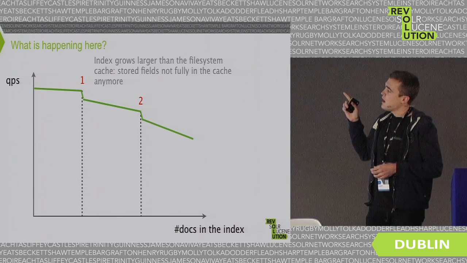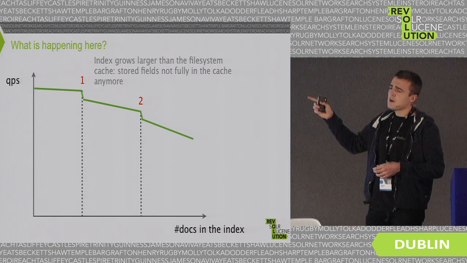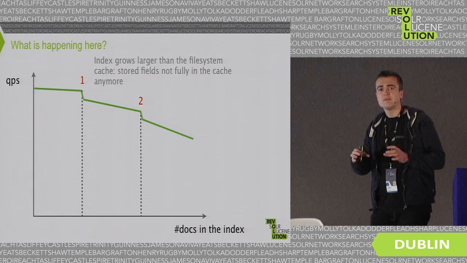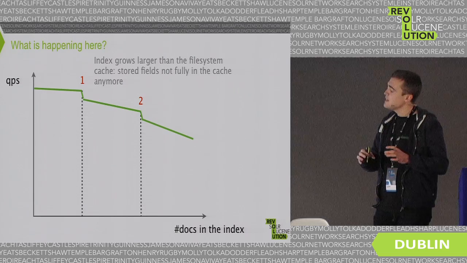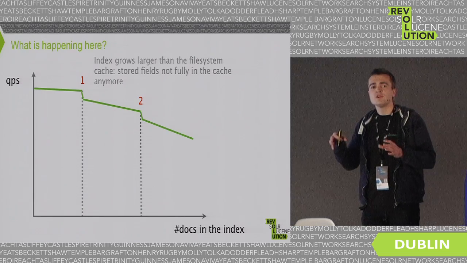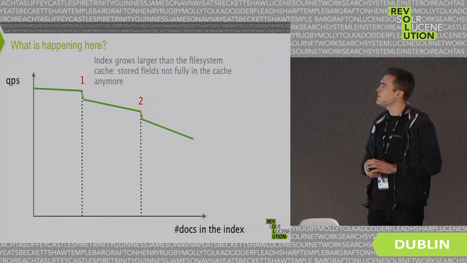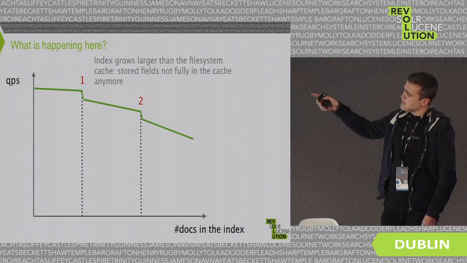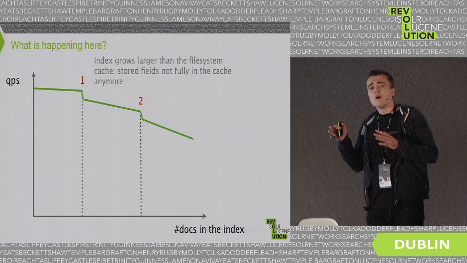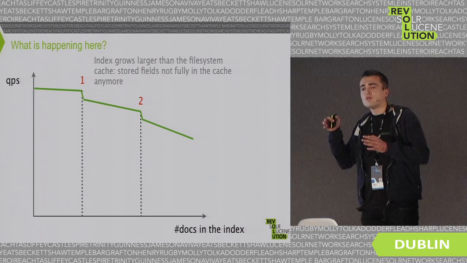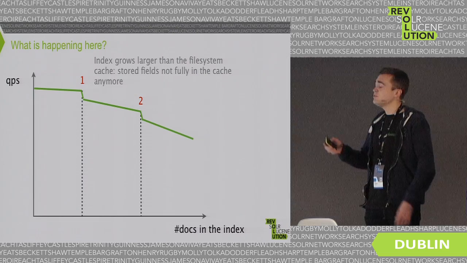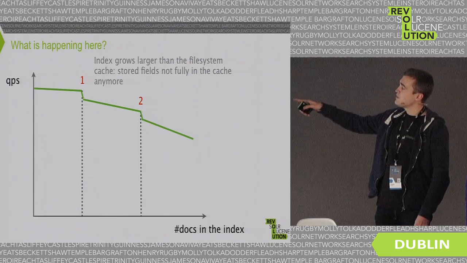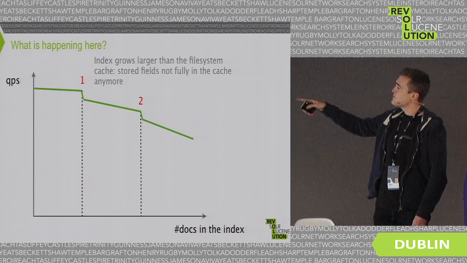This means that stored field requests, which were always served through the file system cache, meaning in memory previously, are going to be translated into actual disk seeks. And this is going to slow down your search. So as the index grows, more and more queries to the stored fields API are going to be translated into disk seeks. This is why performance decreases much faster.